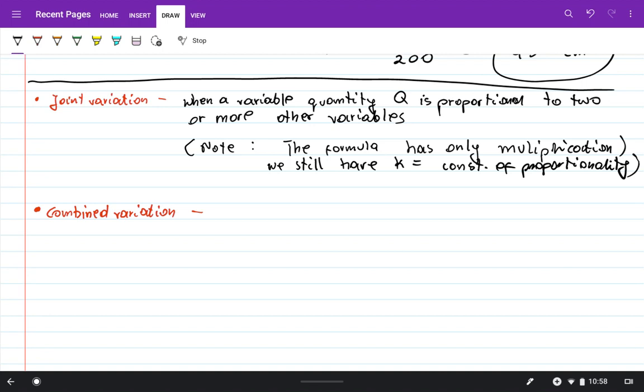So this one has a combination of direct and inverse variation.